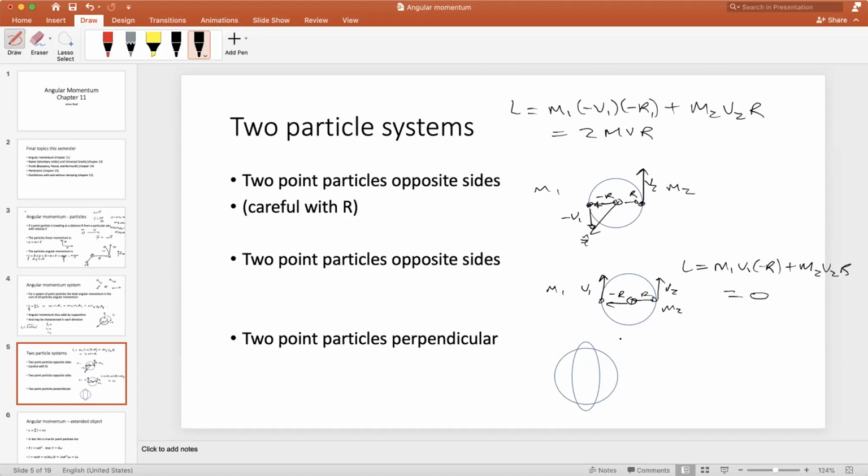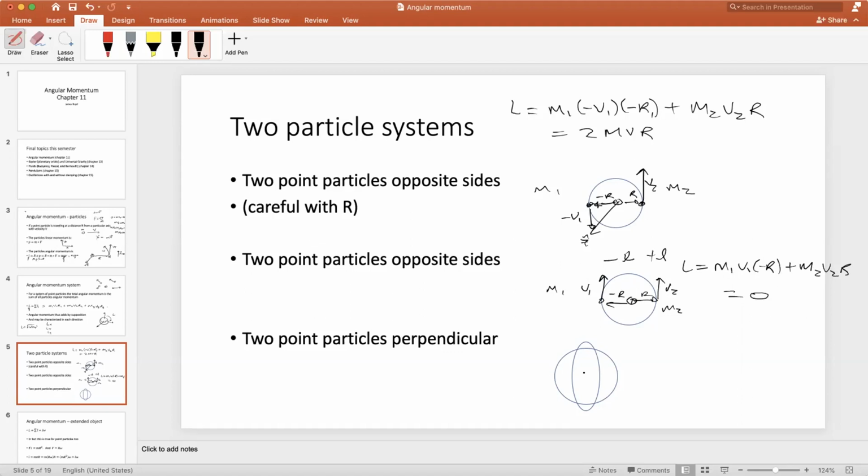This guy is rotating around the axis in a clockwise direction, which means it has negative L, and this one's rotating counterclockwise, which means it has positive L, and together they have no angular momentum, okay?